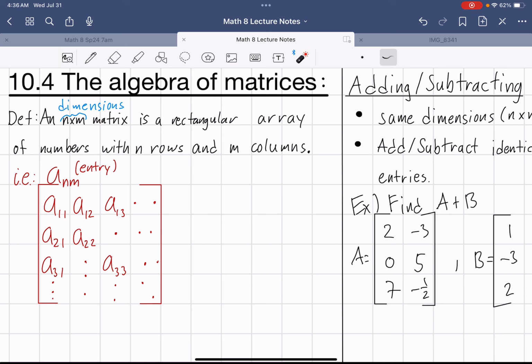Now, it's important to understand what that means, because similar to vectors, if you didn't understand the notation of a vector, it would be difficult to apply the operations. Similar to these matrices, because we're going to be talking about algebra of matrices. So now we're going to have to apply operations: addition, subtraction, and multiplication. But it's not your traditional multiplication.